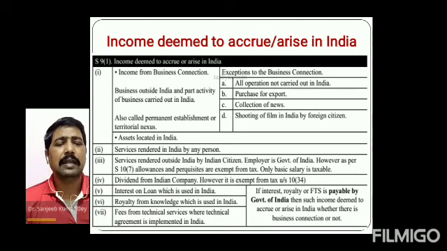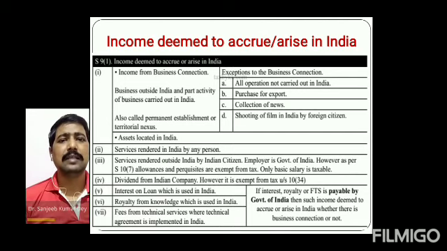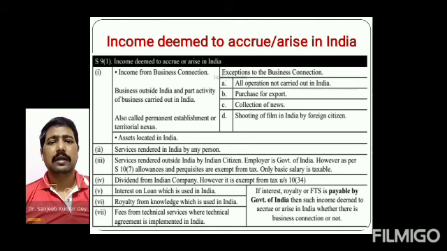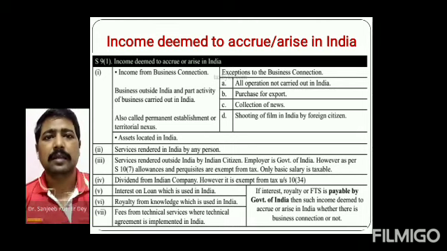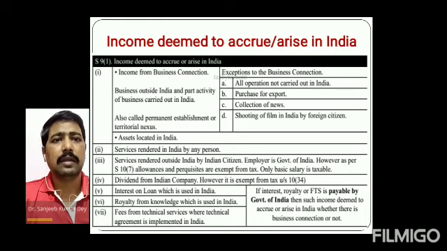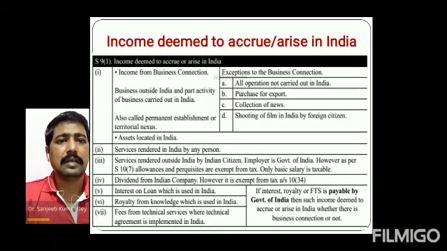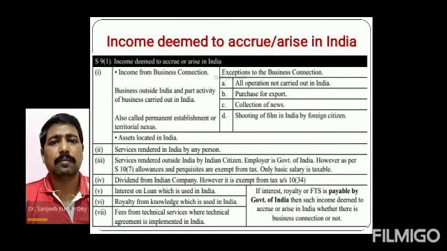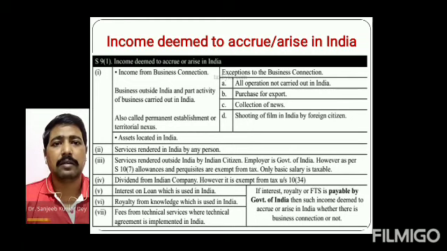Similarly, any non-resident who is engaged in the business of collecting news for supply outside the country also does not come under accrues or arises in India. Similarly, income derived by a non-resident from shooting of a film in India by a foreign citizen also does not come under this category.